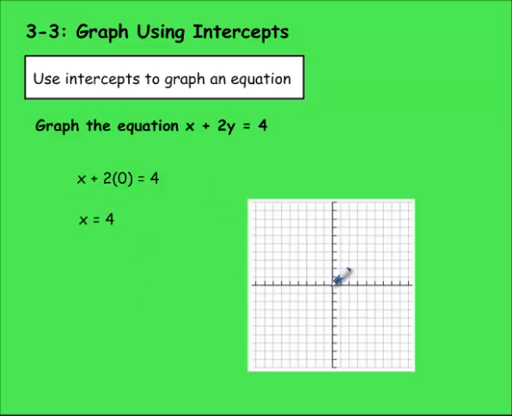When y is 0, x equals 4, and we fill that spot in. Now we can find the y-intercept by making x 0. So 0 plus 2y equals 4, or just 2y equals 4, divided both by 2. That would give us y equals 2. So when x is 0, y is 2.